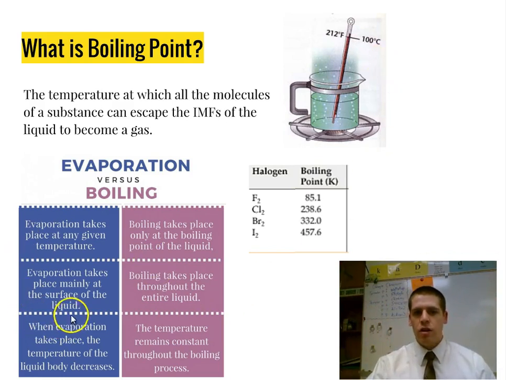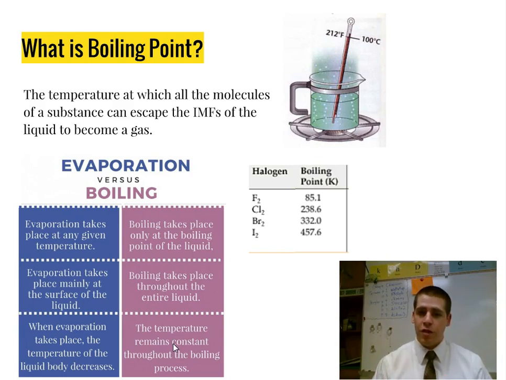So here's a nice little chart that describes the difference between evaporation and boiling. Evaporation, again, is only at the surface, and it can happen at any temperature, and it cools the liquid as well, like we saw in the lab. Evaporation is a cooling process to the liquid. Boiling, however, can happen anywhere in the liquid, and it only happens at a certain temperature, and you have to continually supply that heat underneath the pot, for example, in order to keep it boiling.